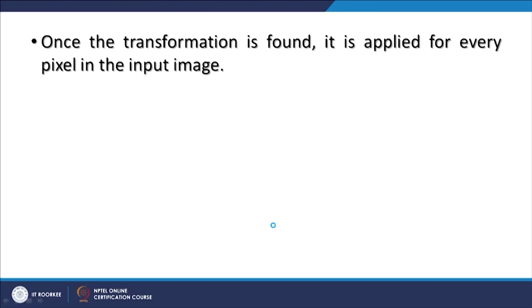Once this transformation is found through this order of polynomial equation, it is applied to every pixel, because every pixel from the input image has to transform to a new location, which you can imagine as an empty wire mesh. Every cell of that wire mesh has to be filled with a pixel value. That pixel value, as I have said, may be original, averaged, or a weighted average.